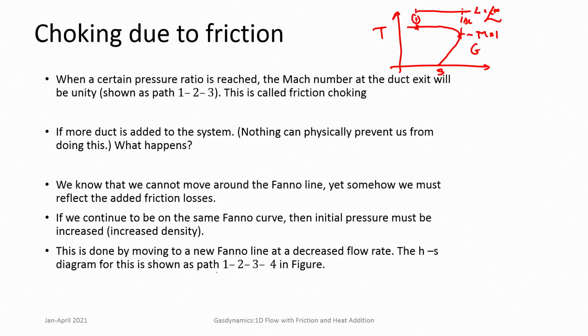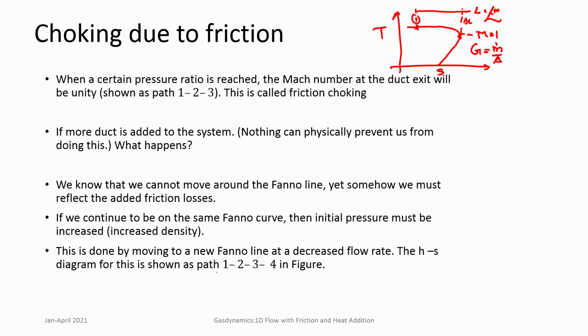So, this fact that there is a maximum length for a given Fanno curve. Now, Fanno curve is parameterized by G, G is mass flux which is m dot by A. So, for given mass flow rate and given static conditions at the inlet, there is one particular maximum length condition.